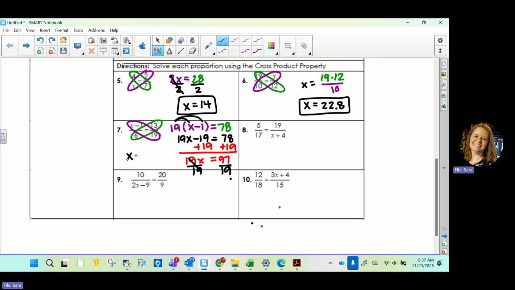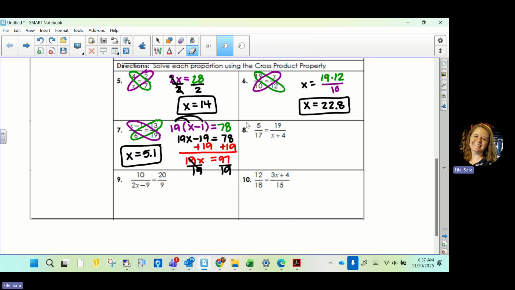And that would leave me with approximately 5.1. That's rounding. It's a long decimal, but we'll round to 5.1. Now, I said that's one option.